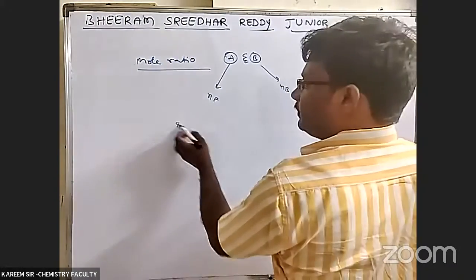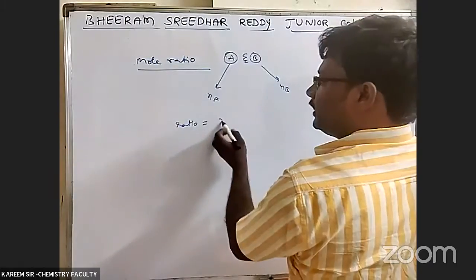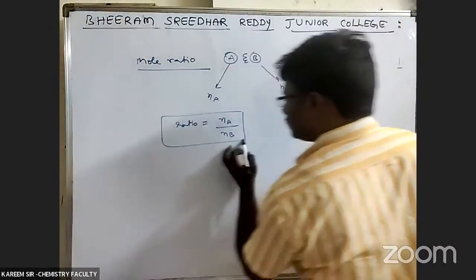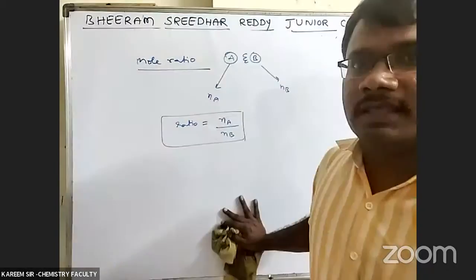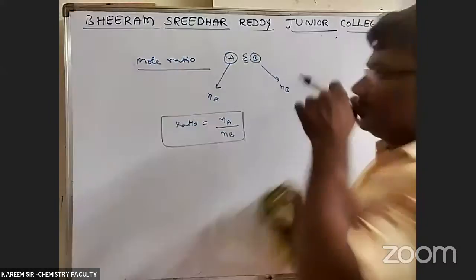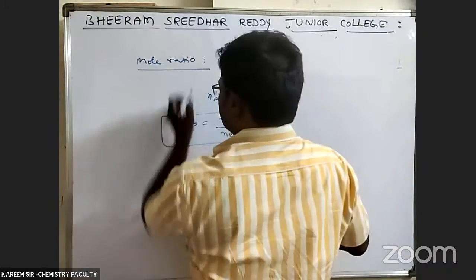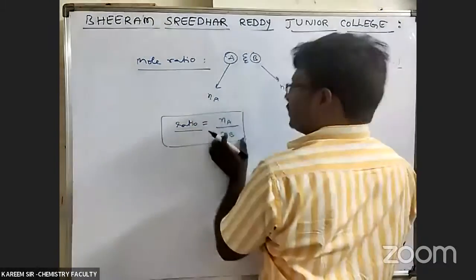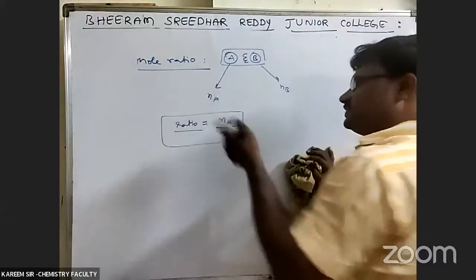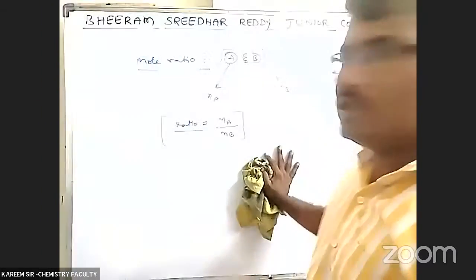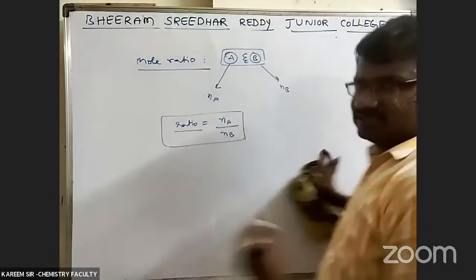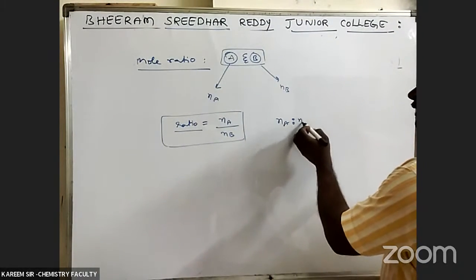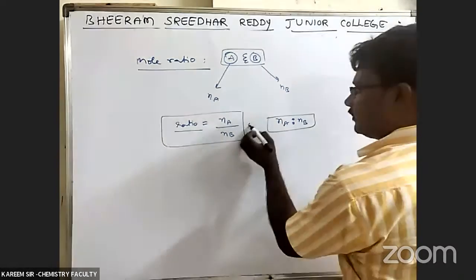Then mole ratio means Na by Nb. Suppose 2 substances are there or 3 substances are there, you can calculate the ratio, Na is to Nb is to Nc, like that. This is a mole ratio. You can also write that.